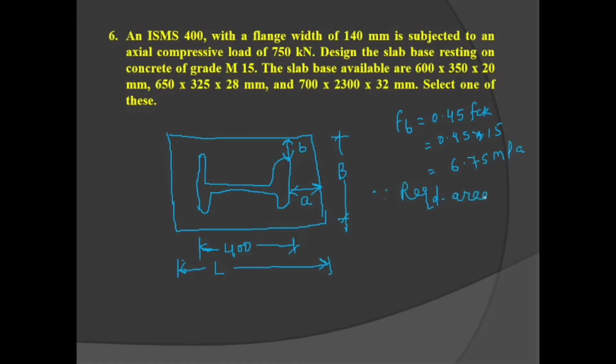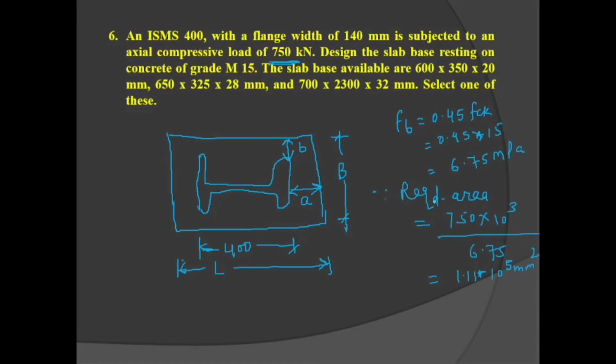So we can calculate the required area. Required area is equal to how much? The load applied is 750 kilonewton, into 10 to the power 3, whole divided by 6.75 Newton per mm square. So the value is 1.11 into 10 to the power 5 mm square. So the required area is this one.